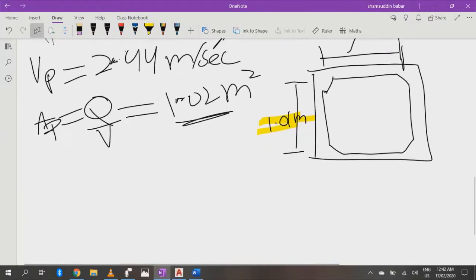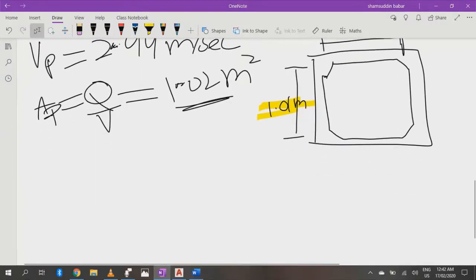Using Lacey's formula, I will give the heading here, we are finding scour.